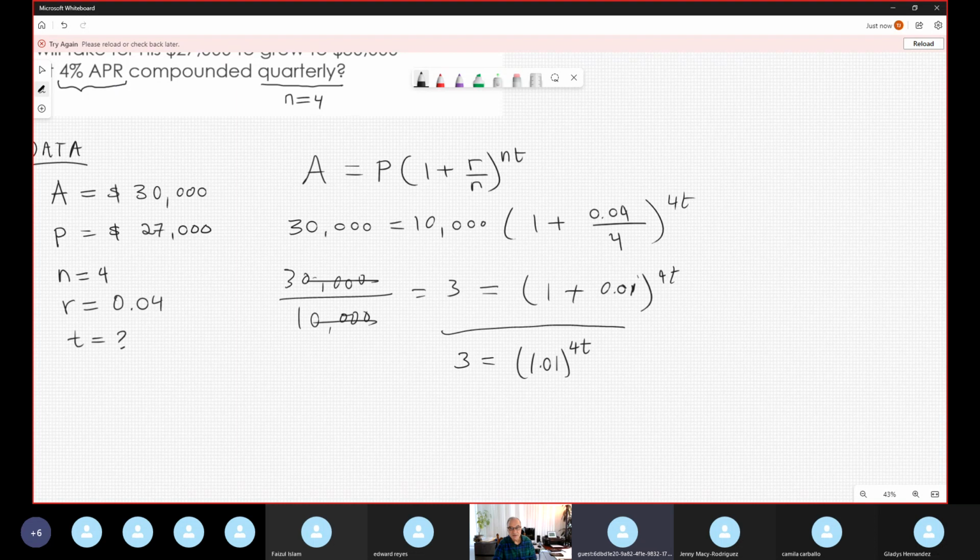Wow, this is nice. This is my exponential equation problem. That is the reason that we study the exponential equation and the logarithmic equation, because frequently in real life problems, like finance, chemistry, and biology, they appear.